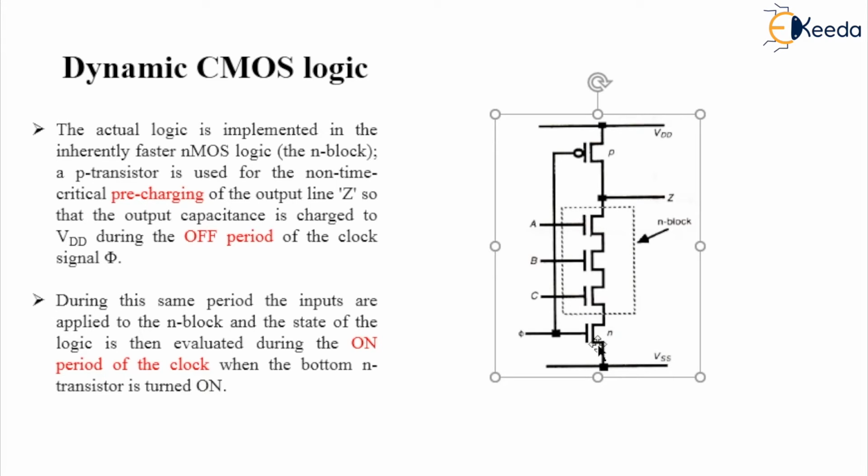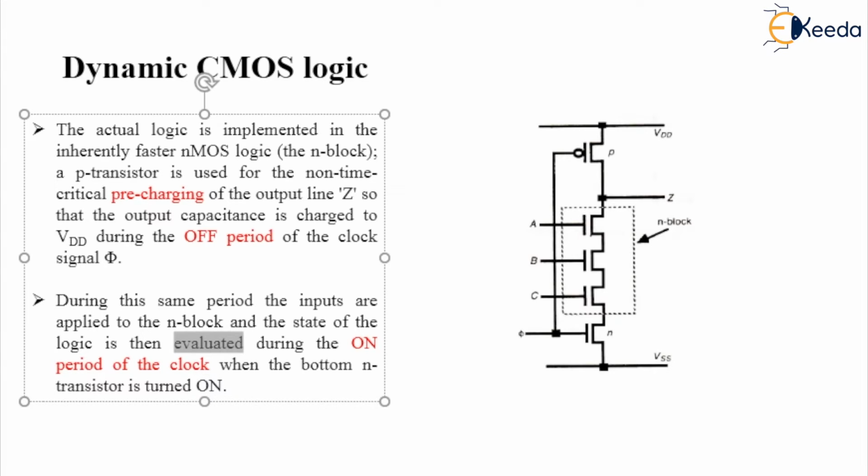Turned on means this total process is considered as the evaluated phase. So during this dynamic CMOS logic, we studied the pre-charging phase as well as the evaluated phase. The pre-charging phase is when the clock pulse is 0 and the evaluated phase is when the clock pulse is 1.